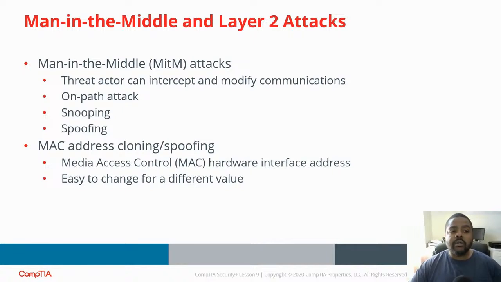So a lot of old networks, if we have only a small amount, let's say 10 PCs that we want on the network, if we wanted to provide security, we'll just say, hey, for these 10 devices, we'll take the 10 MAC addresses and make sure that they're the only ones that can get an IP address on the network.